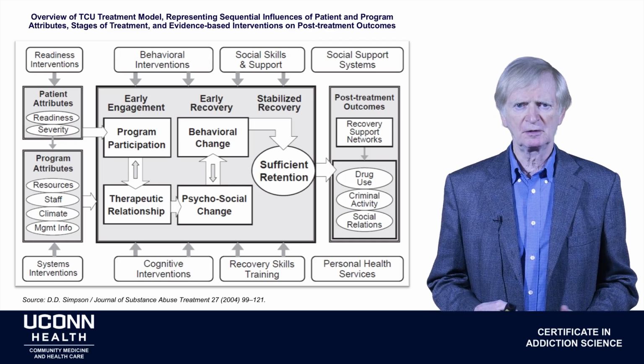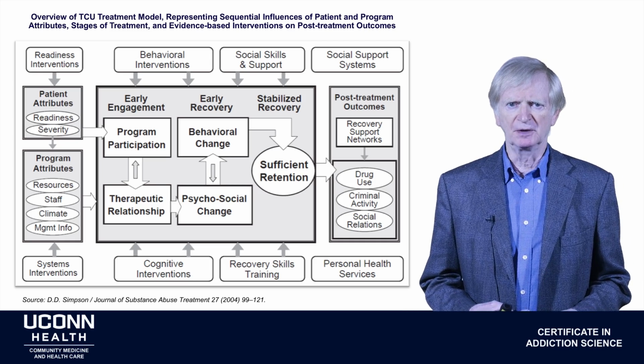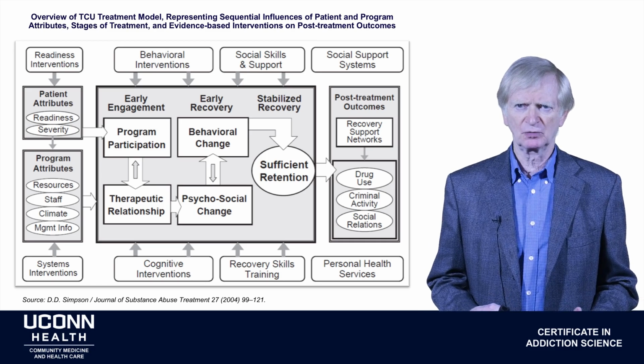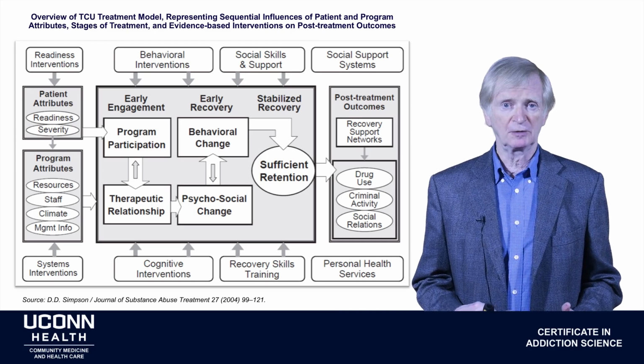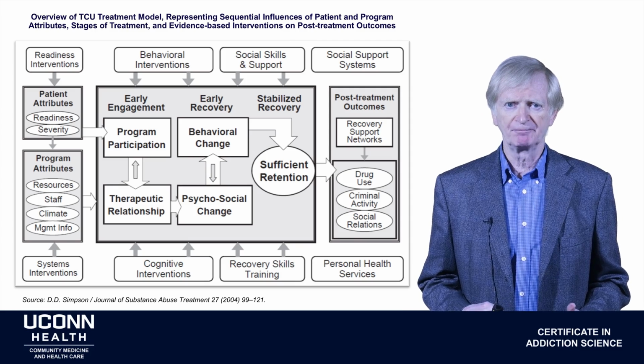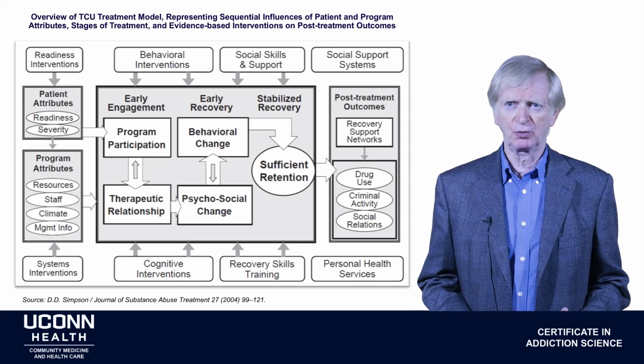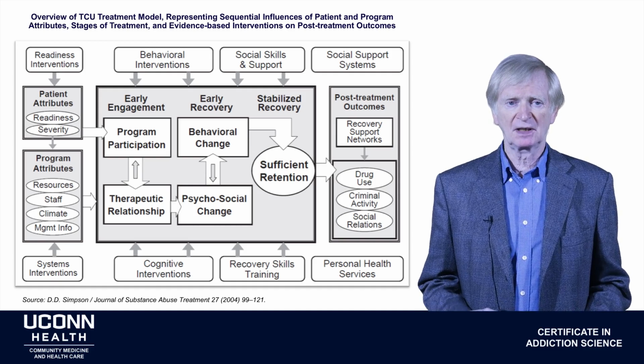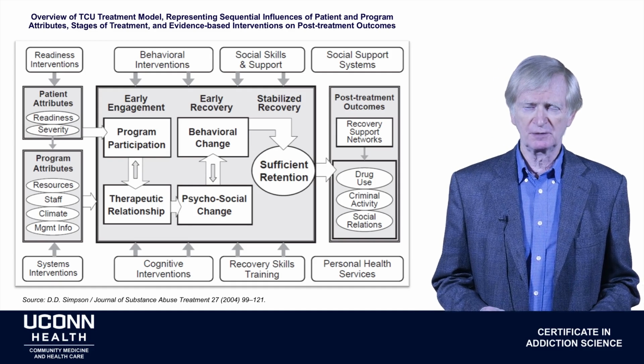But an important part of treatment that occurs after people leave a treatment program is what goes on in the post-treatment environment. And that requires social support systems and a lot of other activities which are going to maintain the gains that occurred during treatment.